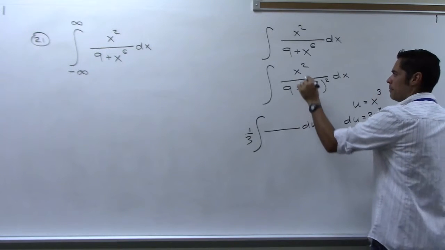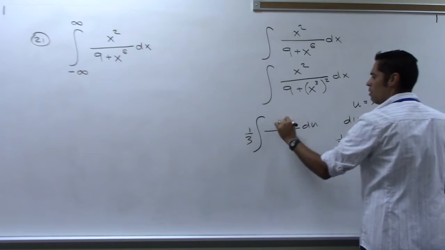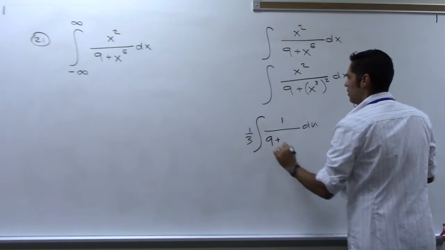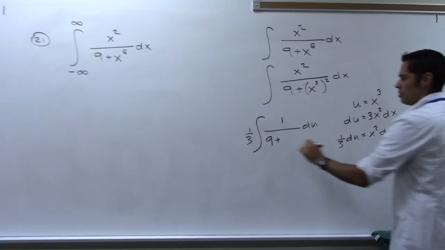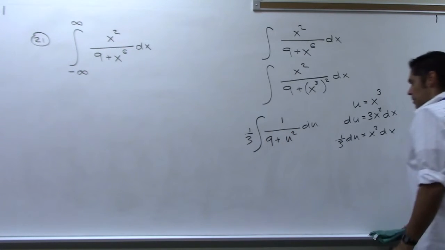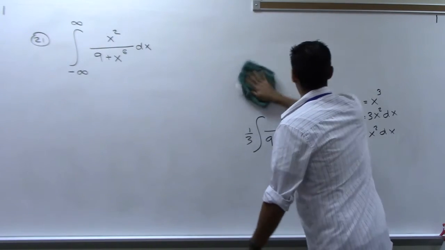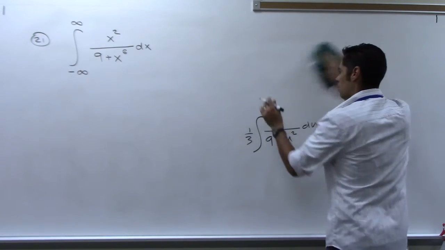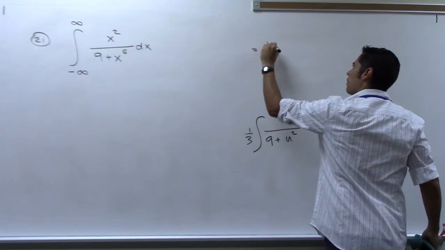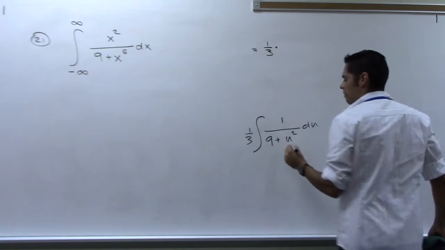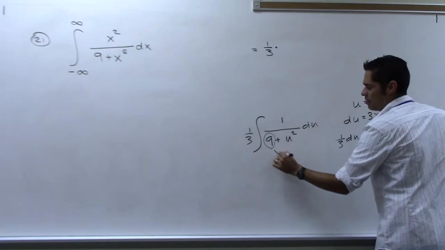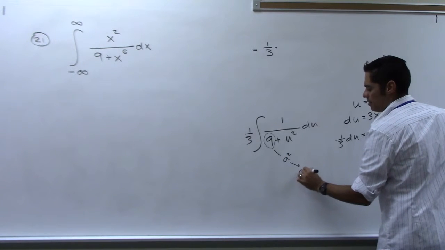Over here, this x squared dx is gone. I have a 1 over 9 plus, and then this x cubed was u, so u squared. I hope you would recognize that is going to require arctangent. That's just a formula. So this becomes 1/3 times, now for us, this is a squared, which means a is 3.